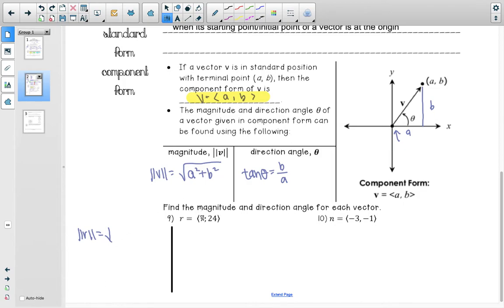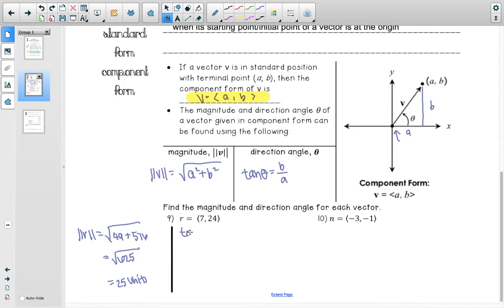It doesn't matter the order of how you do this, but it'd be 7 squared, which is 49, and 24 squared, which is 576. Okay, so 49 plus 576 is 625. And the square root of 625, just want to check, is 25. So the magnitude of this is 25 units. I don't know what the length is, but we're putting units.